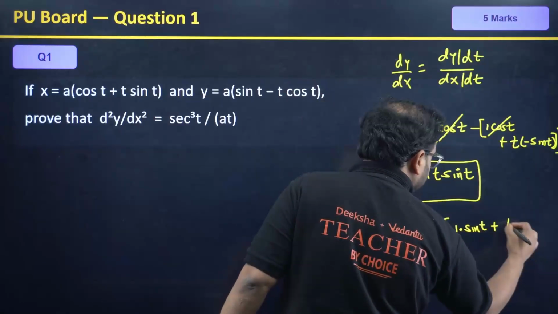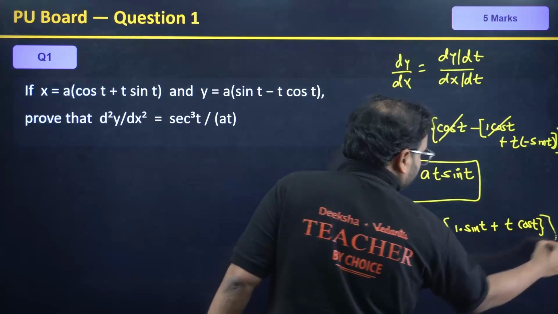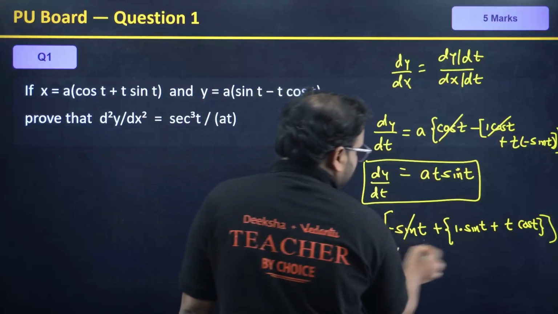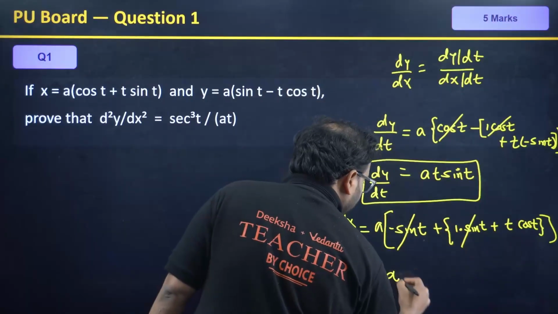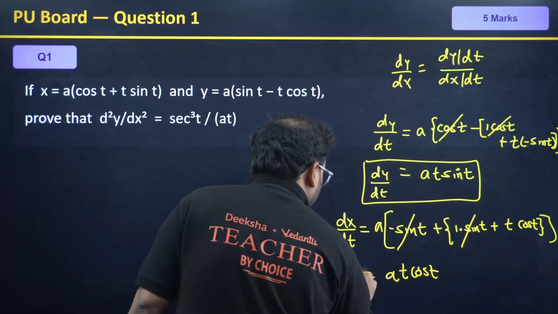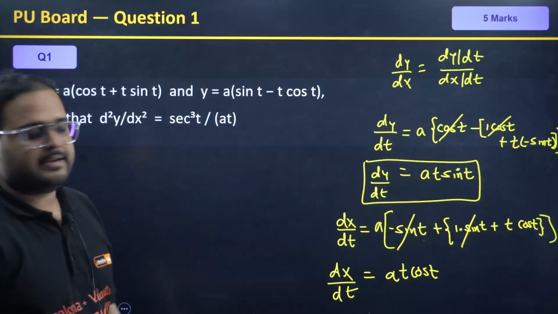Plus t will be as it is, sin will be cos t. Right? Product rule. Have a look. Minus sign plus sign is cancelled, and you have a t cos t. This is my dx by dt.